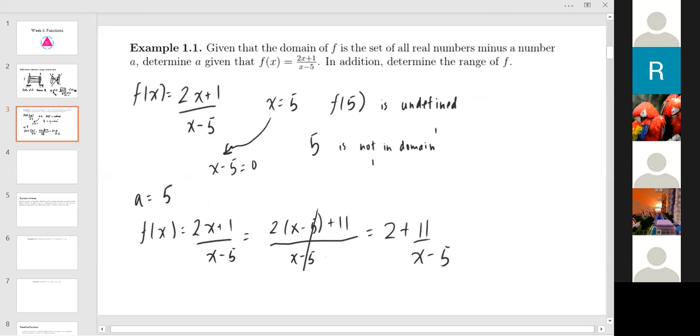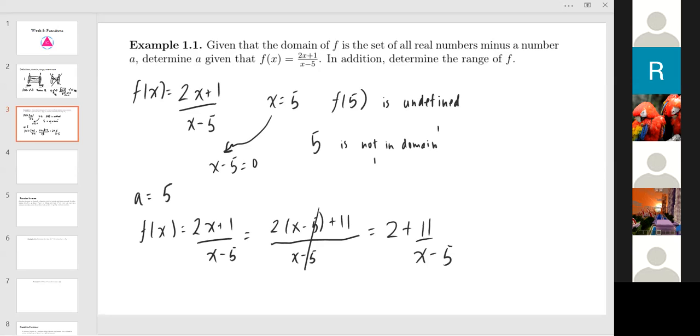So basically, we see that this part can take all real values except 0. So this part is not equal to 0, which means this can be all real numbers except 2. So basically, the range of our function is all real numbers except 2.